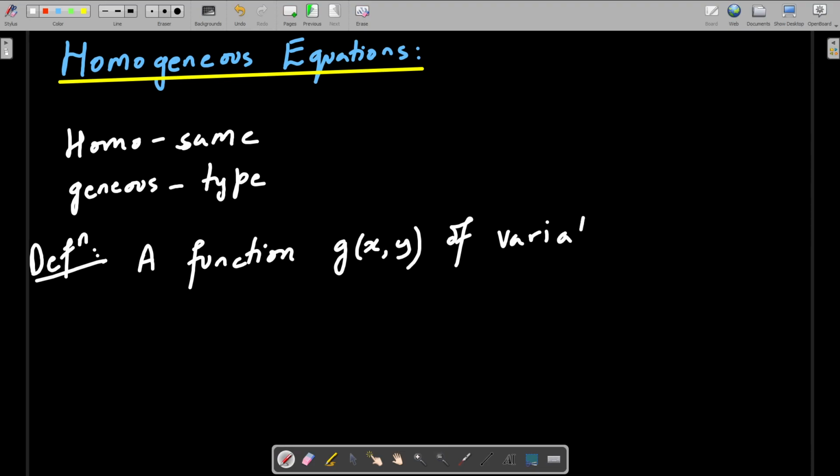Function of two variables means it's dependent on two variables, x and y. Not your regular functions which have only one independent variable. This one has two independent variables. So g of x and y.